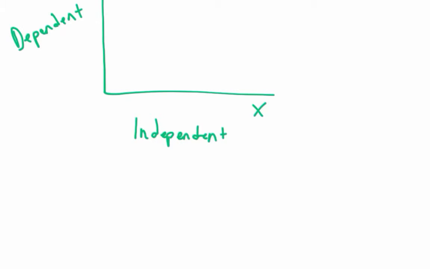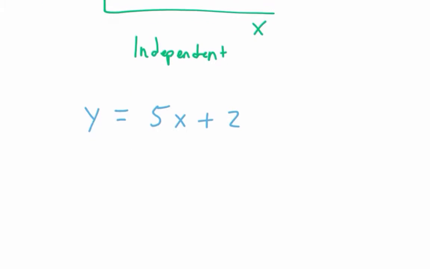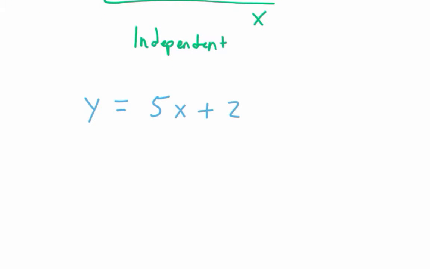When we write the equation for that, typically our equations are going to be y equals something with an x in it, right? So for example, y equals 3x or y equals 5x plus 7 or something like that. I'll just make up one. Nothing really special about it, but y equals 5x plus 2, why not? But the point I'm trying to make is that typically the variable that's by itself is going to be the dependent variable.